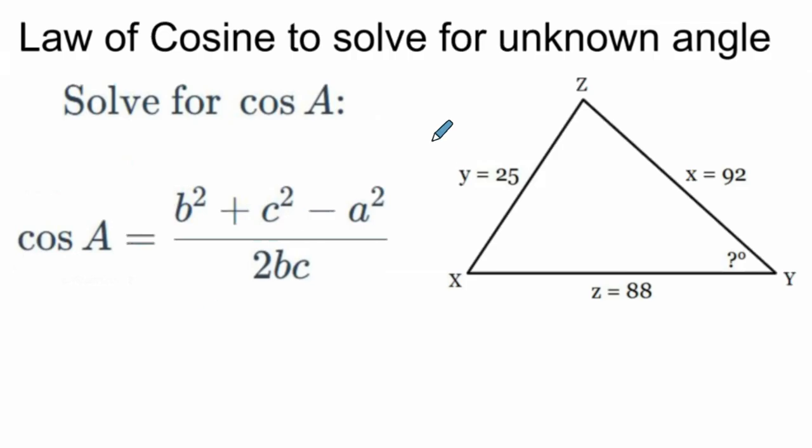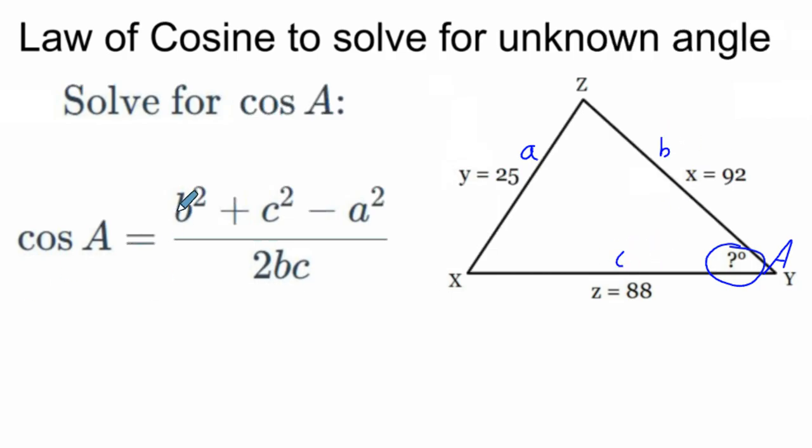The law of cosines also has a variation to be used to solve for an unknown angle. So this is if I have all three sides. So if I want to solve for cosine of A, this would be the one. In the same way, if this is angle A, this would be side A. And then B and C, it doesn't matter which one's B or which one's C, so I'm just going to put it there.